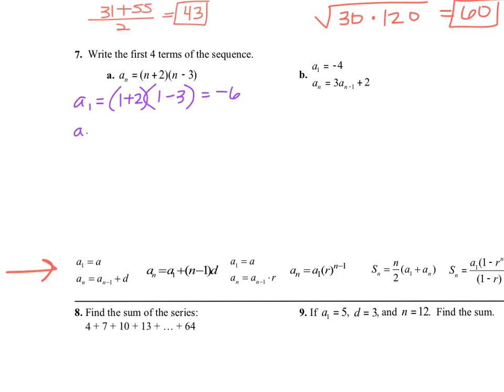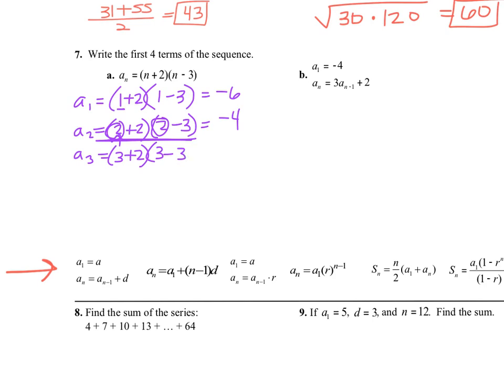Now on your calculator, hit second entry and just turn this number into a 2 and this number into a 2, and then hit enter again, and you should get -4. Okay, do the same thing for your third term. Plug a 3 in here, second entry, and change this to a 3, change this to a 3.